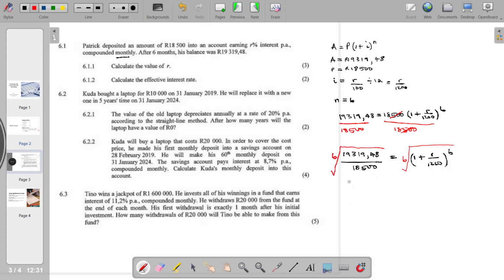Then simplifying that, we are left with the sixth root of 19,319.48 divided by 18,500.